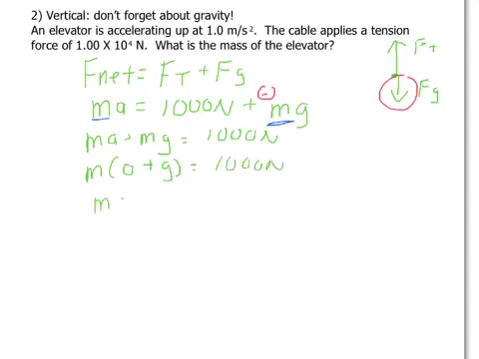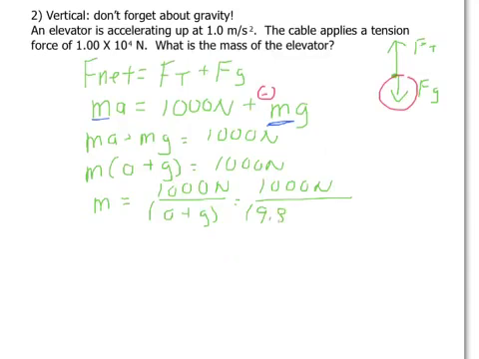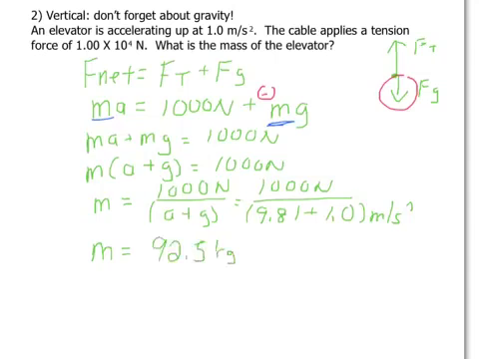And lastly, we can solve for m: 1,000 newtons divided by (a plus g), which is equal to 1,000 newtons divided by 9.81 plus 1.0 meters per second squared. Finally, we figure out that the mass of the elevator is 92.5 kilograms.